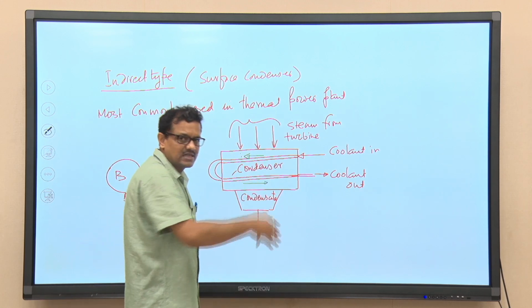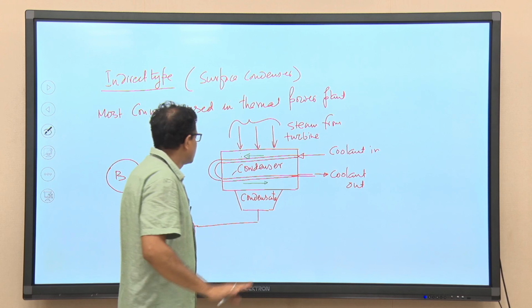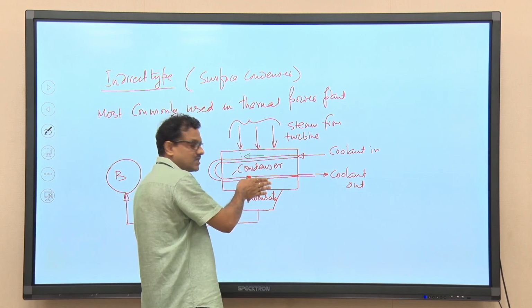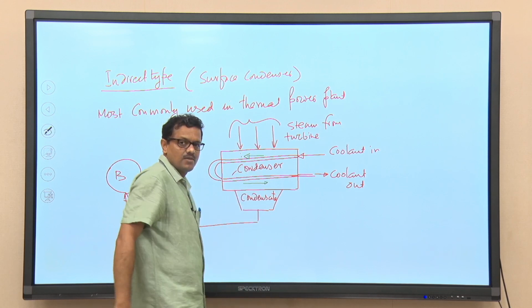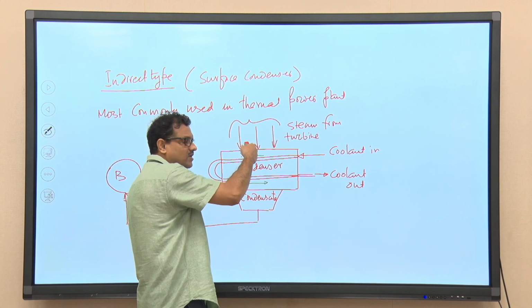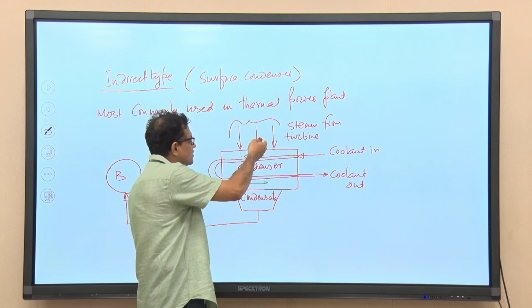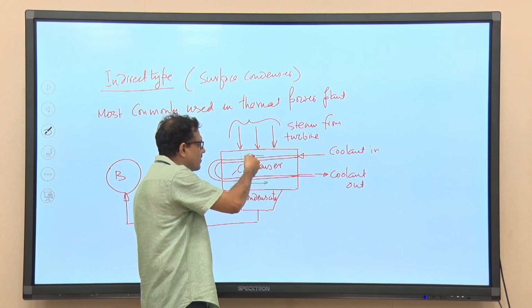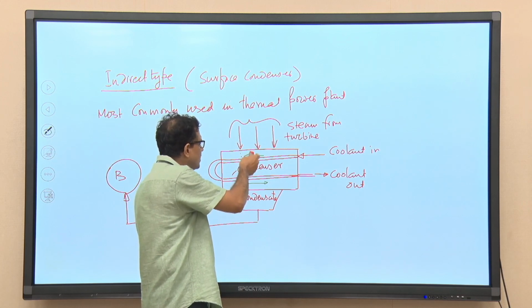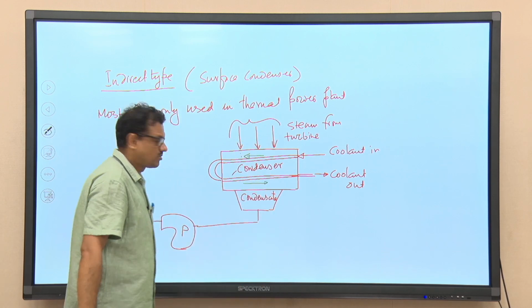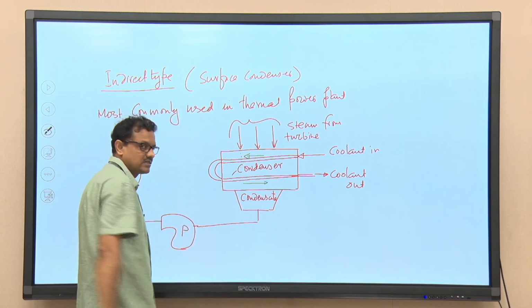It is up to the designer, but the idea is that steam passes over the tube through which coolant is flowing, and because of this heat exchange, steam releases heat to the coolant and that heat is taken away by the coolant. When steam releases heat it will condense, and that condensed steam is collected in this condensate chamber.